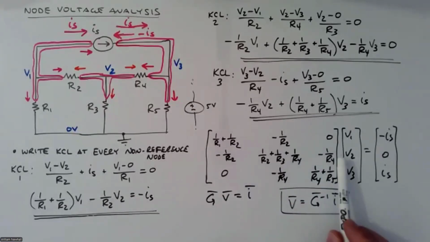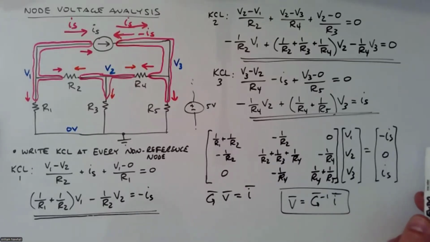You can also put this into MATLAB and just define G as this matrix. Put in G to the power of -1 times I, the column matrix, and you'll get V as a column matrix. And you can use MATLAB on your exam, for your homework, for your quizzes. So yes, you would use MATLAB or your calculator.